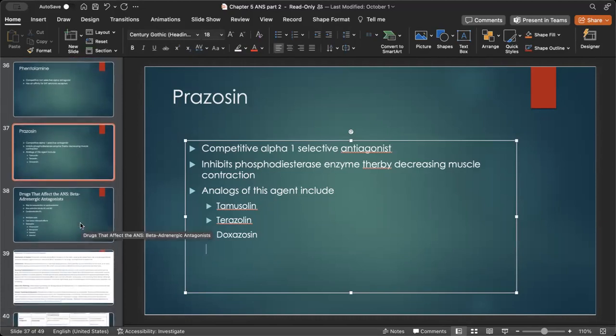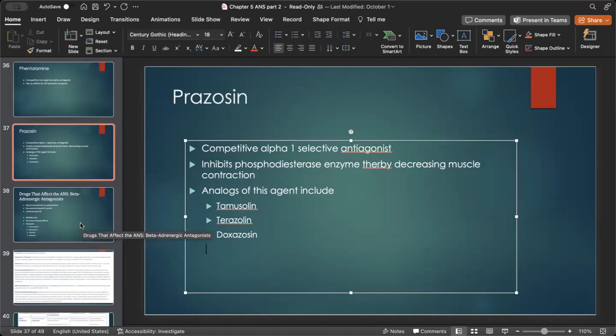And now the drugs that work on antagonizing these alpha receptors, or in other words, blocking them, tell us a lot about the drug. So it tells us that if they block alpha 1, they can be used to treat hypertension and they can be used to treat BPH.